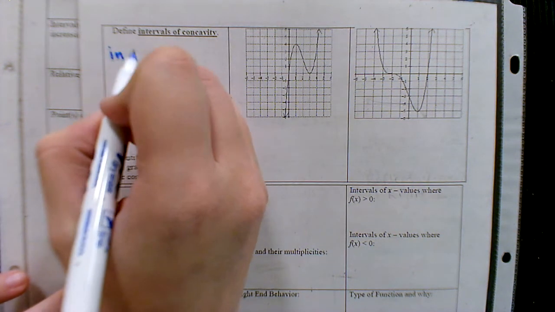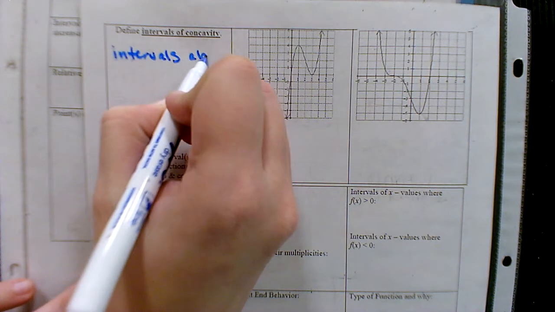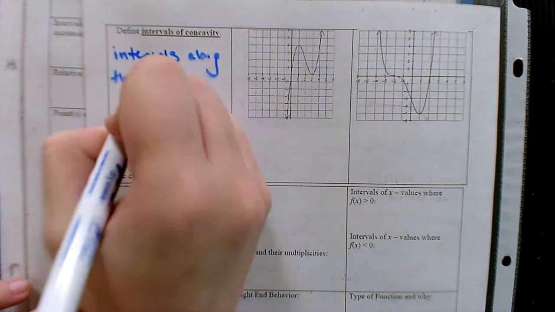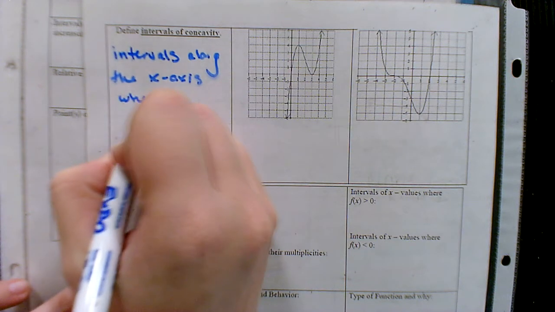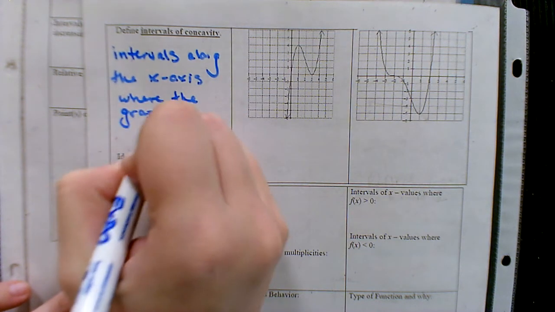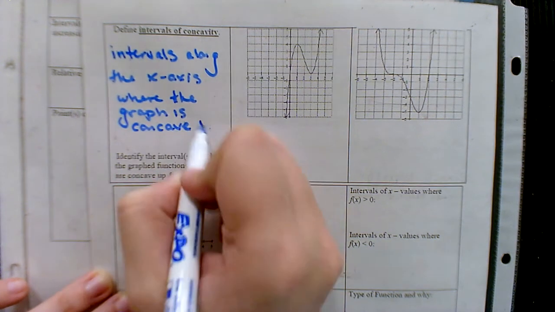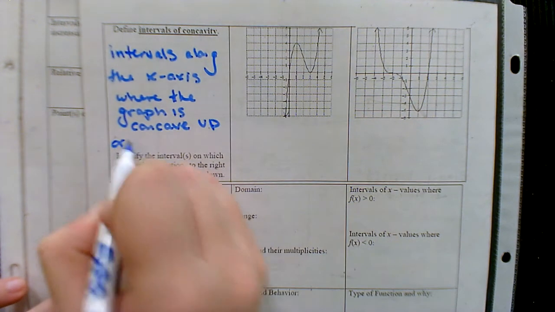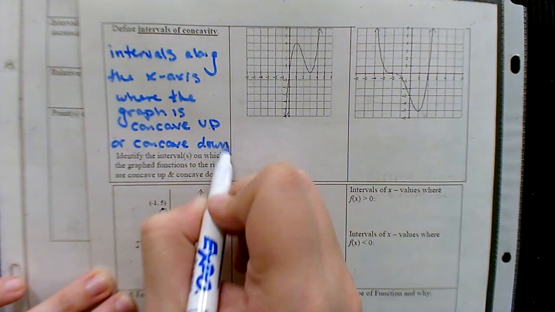Okay, so in formal definition, we'll say these are intervals along the x-axis where the graph is concave up or concave down.